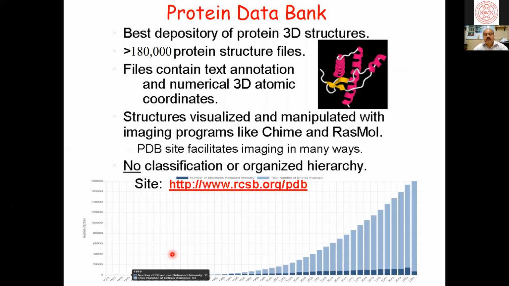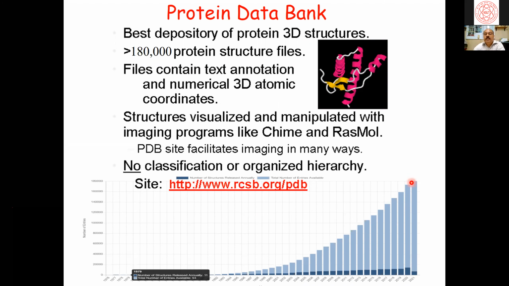So over a period of years, so many structures have been deposited and keep on growing. Currently this stands at around 180,000 total deposits. The structures that have been solved by either X-ray crystallography or NMR or cryo-EM find their way into this repository.